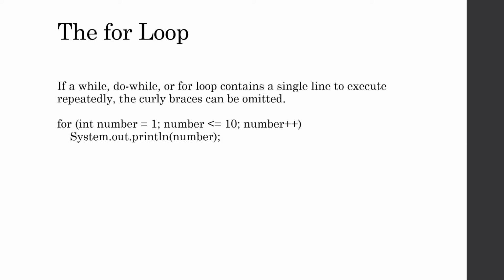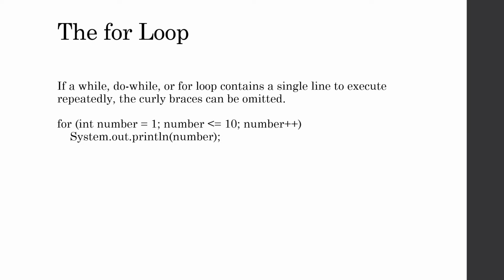One of the other things to note is with our while, do while, and for loop, if these contain a single line to execute repeatedly, we can just omit the curly braces. So they work just like the if, else if, and the else statement, where if we have one line, that very next line that comes after it, if we get rid of the curly braces, that's going to be the line that we execute over and over again.